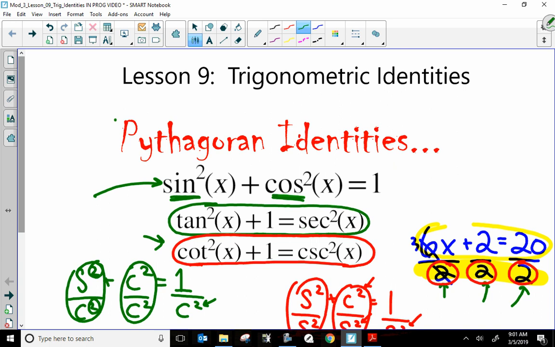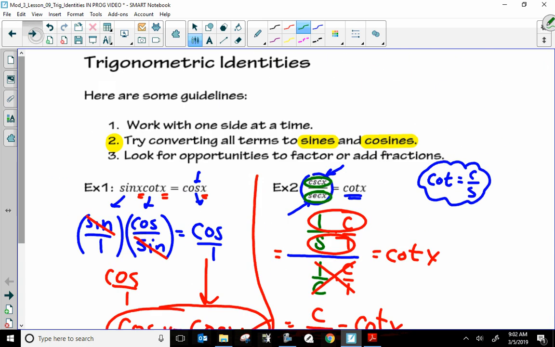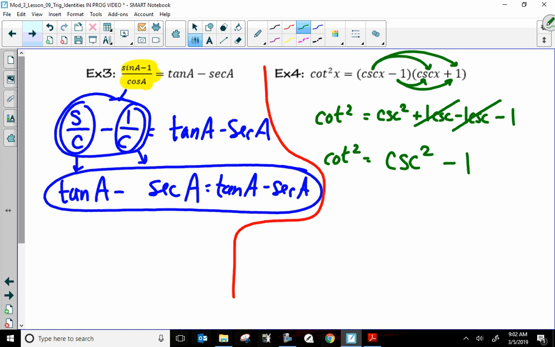Cotangent squared plus 1. Huh. So let's go back. Our equation was cotangent squared plus 1 equals cosecant squared. It's not the same. I got cosecant minus 1. Oh. So what can I do? Why don't I just add 1 to both sides?